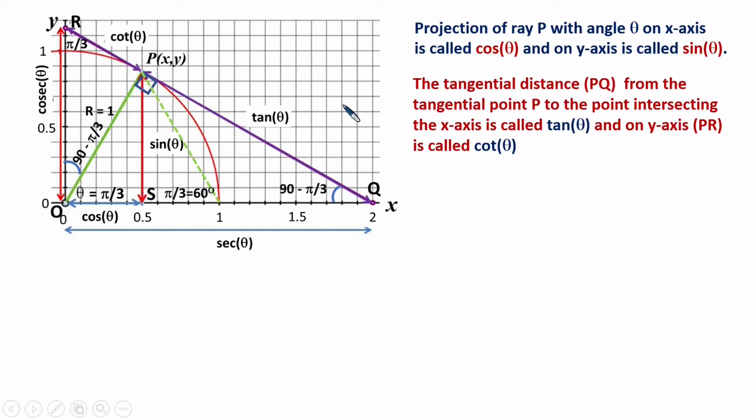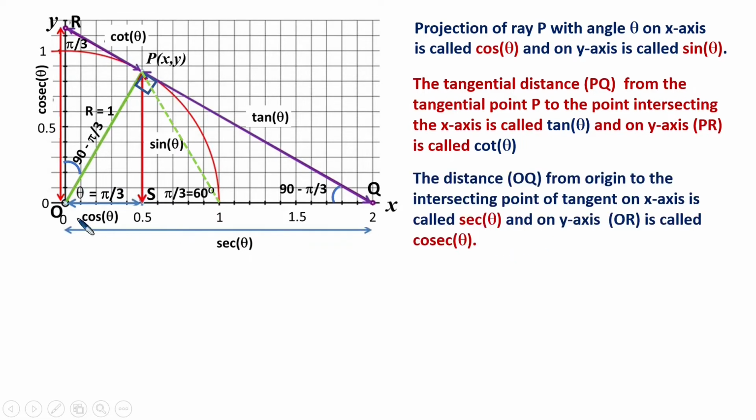The tangential distance PQ, from the tangential point P to the point intersecting the x-axis, is called tan theta, and from P to R where it cuts the y-axis is called cot theta. The distance OQ from the origin to the point where the tangent cuts is called sec theta, and from the origin to where the tangent cuts the y-axis is called cosec.